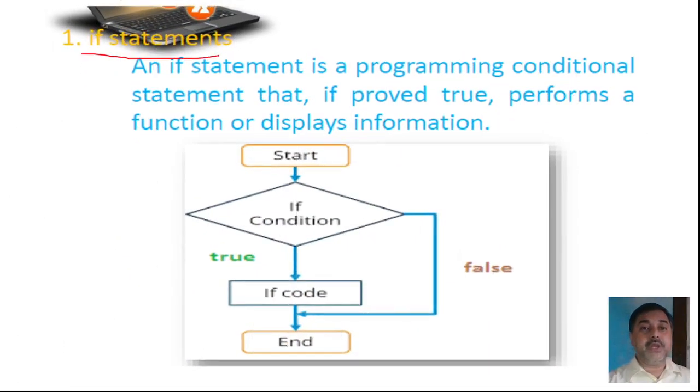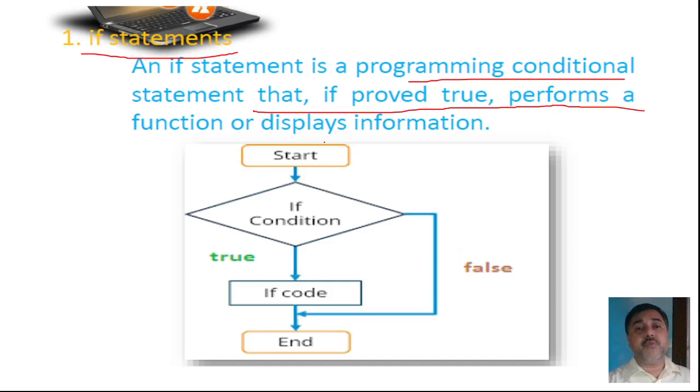Now the if statement is what? The statement where we find the condition of the statement. That means when it is true it performs the function or displays the information. Suppose, see here, when you start a program, this is known as a flowchart.